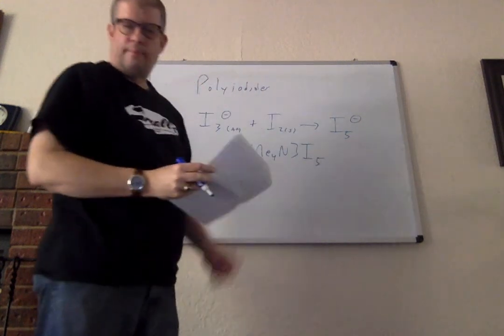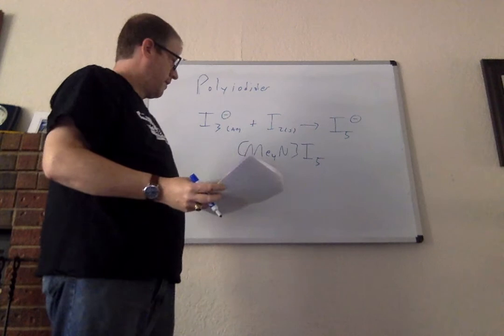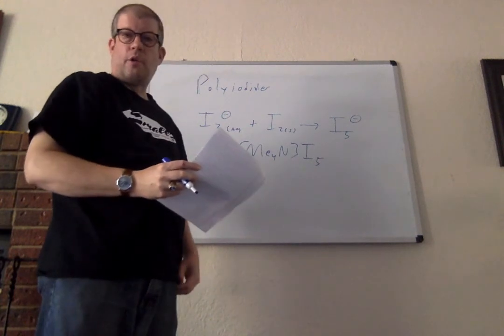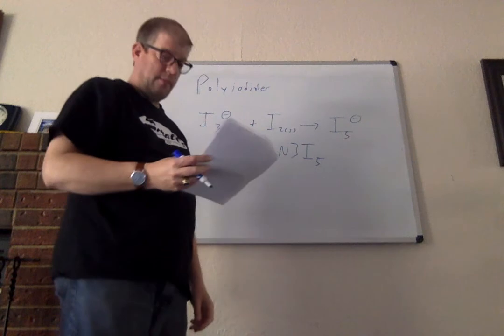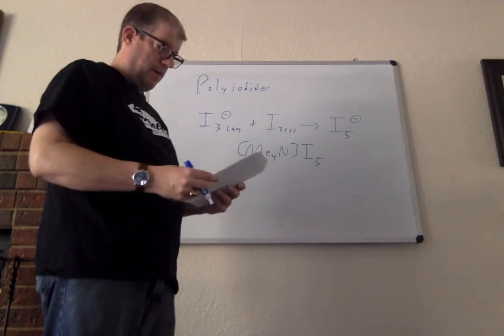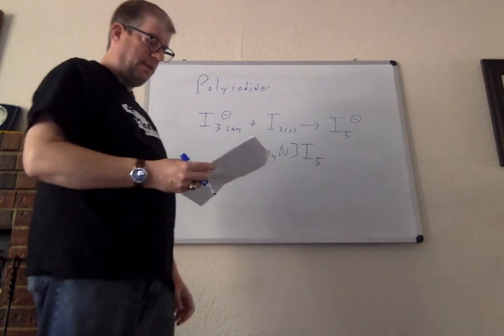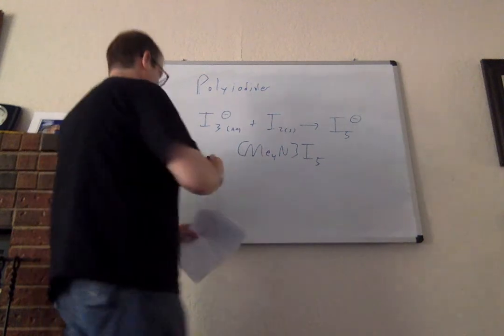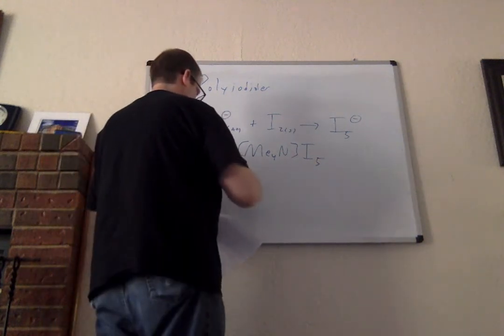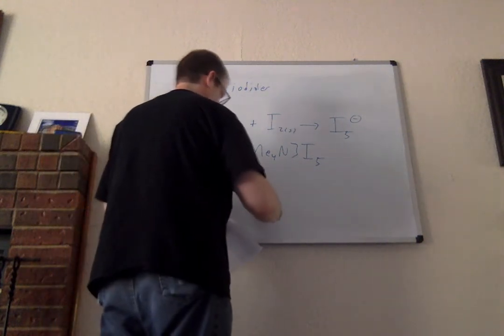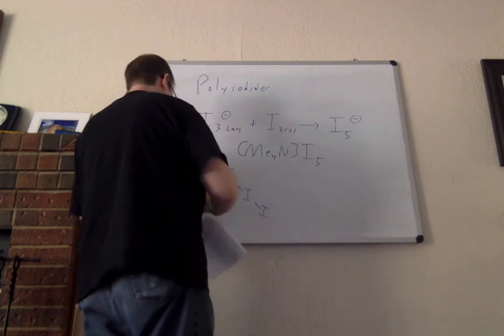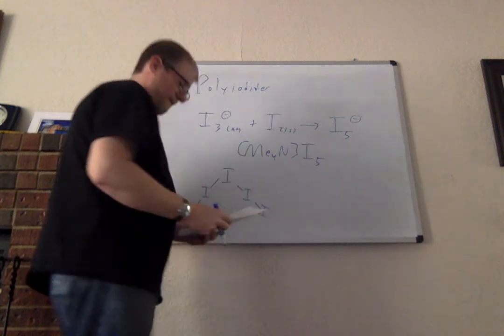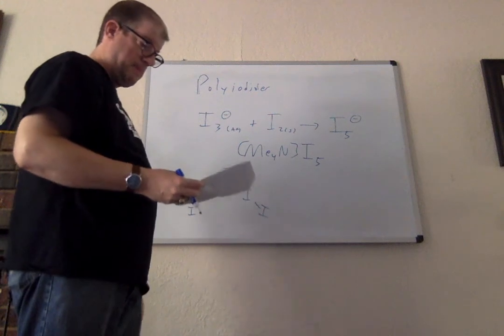The most common one, and there are others, is tetramethyl ammonium pentaiodide. So this big cation stabilizes this big anion. And if you look at what this looks like, it's V-shaped. It's actually shaped like that.